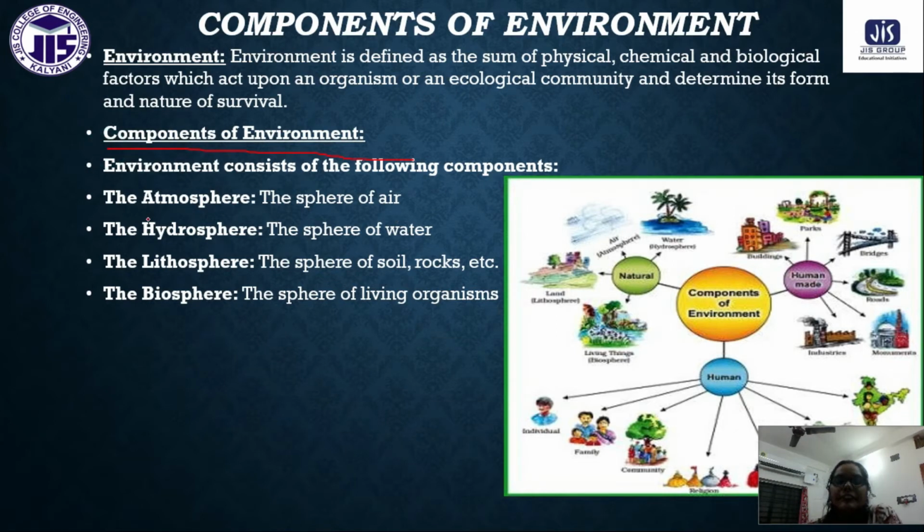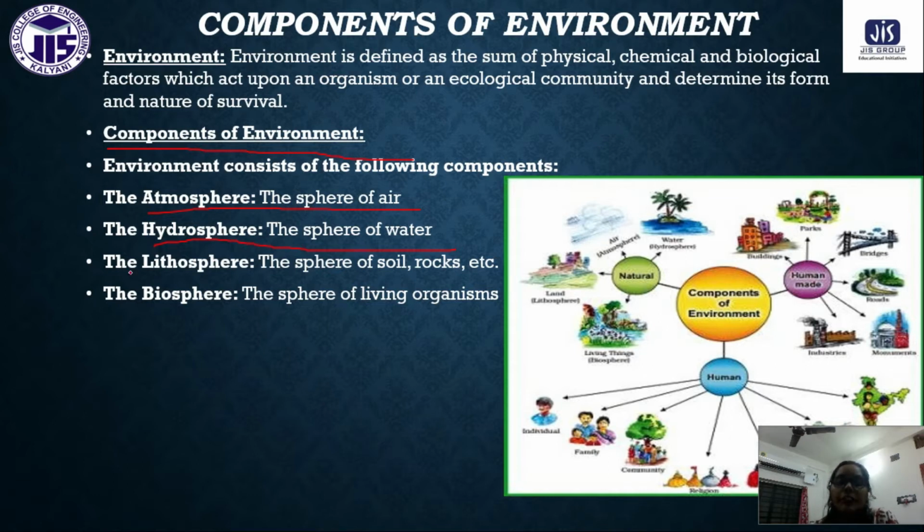Now these are some of the components of environment. What are the components? That is the atmosphere. Atmosphere, generally the sphere of air, where we have the air molecules. Okay, the hydrosphere, the sphere containing water. All types of water resources, water molecules that we have, belong to this sphere, that is hydrosphere.